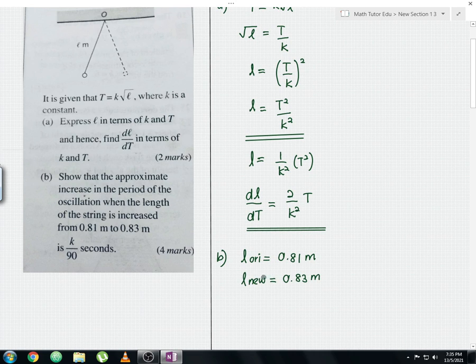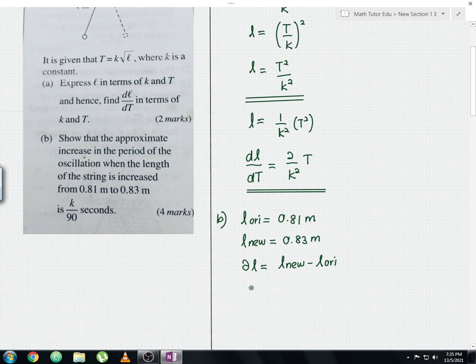Okay, so from here, to find the change in length, it will be delta L. So your delta L will be equals to new length minus the original length. So from here it will be delta L is equals to 0.83 minus 0.81. So from here you should get your delta L is equals to 0.02.